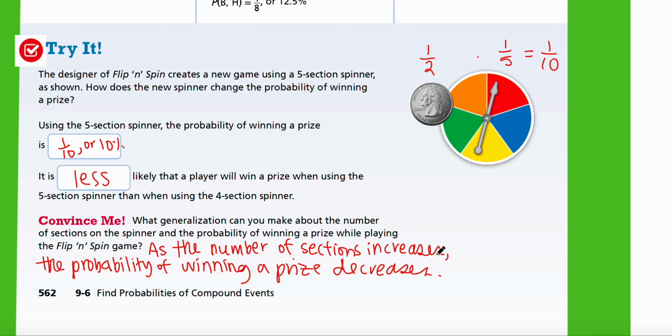It's true. So you want to find a game that has the least possible outcomes with a favorable outcome.